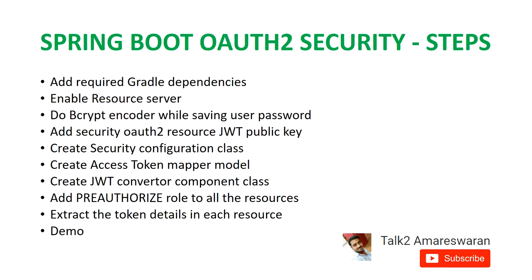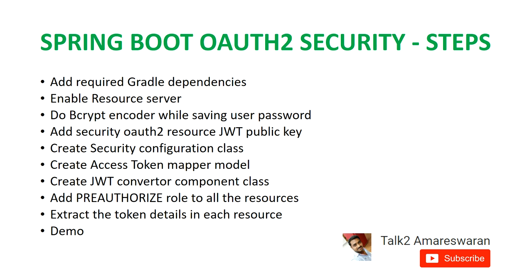Next one is to use the Bcrypt encoder while saving the user password. We need to encode the user password before saving it into the database, so that while getting the access token, the Bcrypt algorithm will be used to match the user's password, and then it will return an access token.